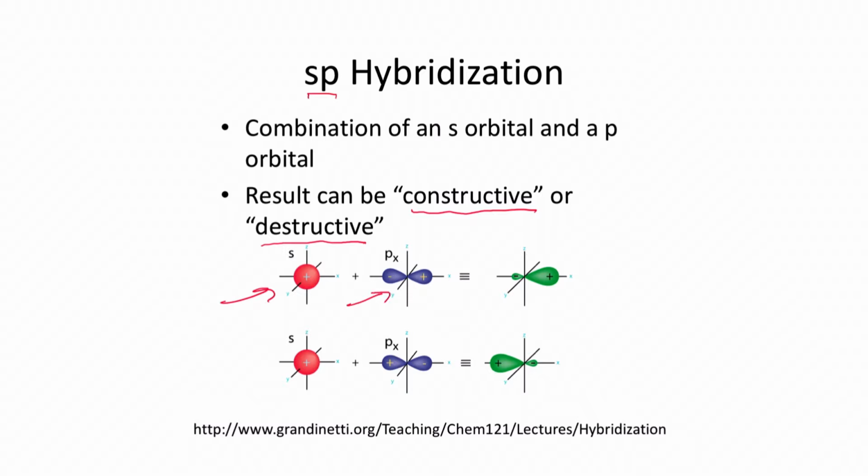Here's a p orbital in blue. And you can have two different orbitals. This one represents destructive interference. You can see how when I bring them closer together, the part that they should have overlapped actually got smaller, so that's destructive. Here, as I bring them closer together, the part that they share got bigger, so that's constructive.